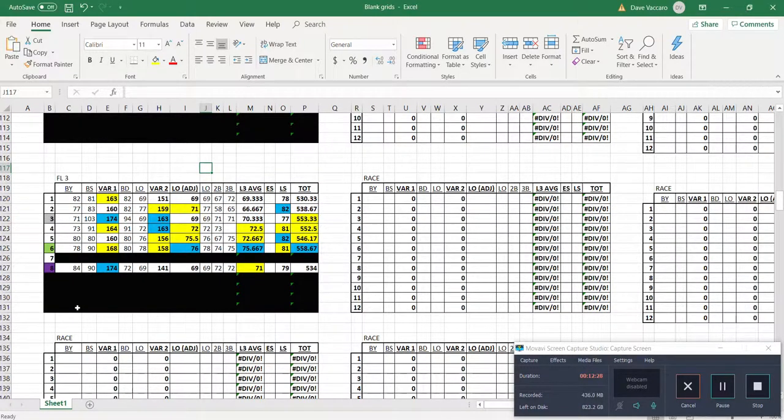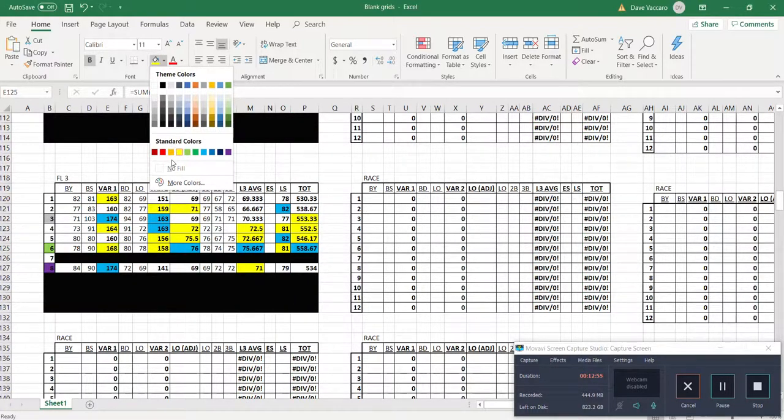You got 5 horses out of the 7 that are running standing out. Now, I don't like that any more than you do either. So I'm going to go back and see if I can eliminate a couple by going within the variable 1 and 2, anything that falls within 5 of the leader.